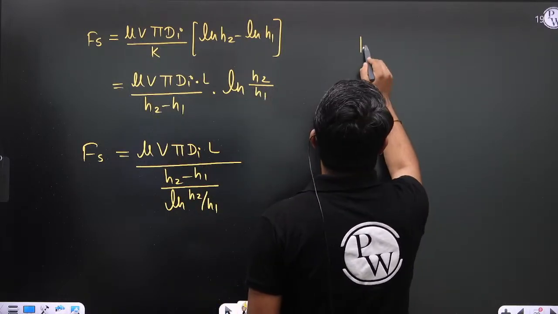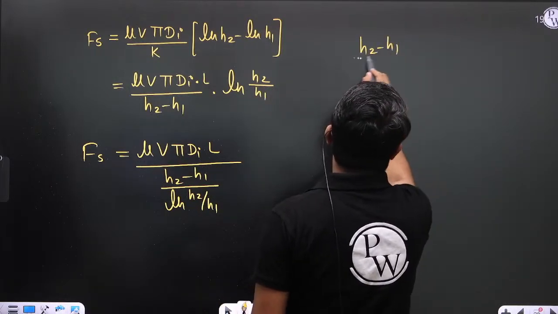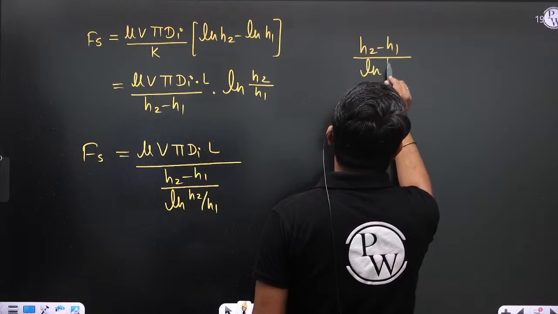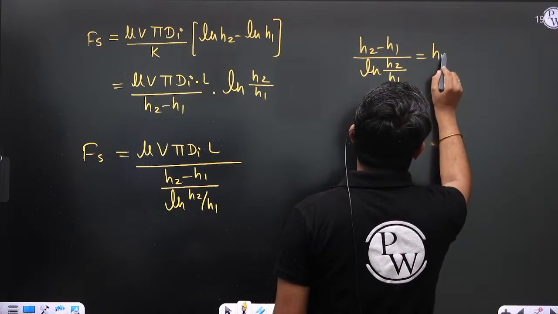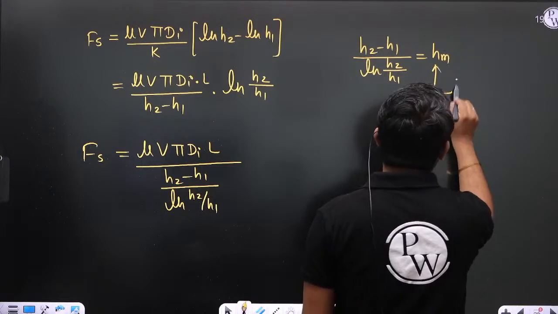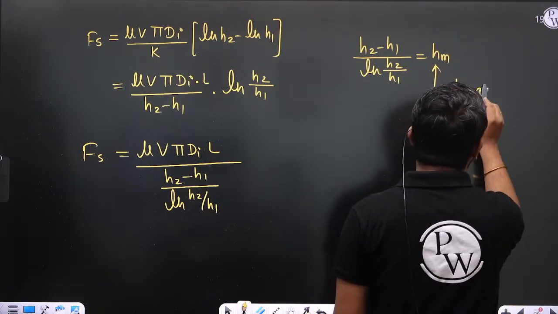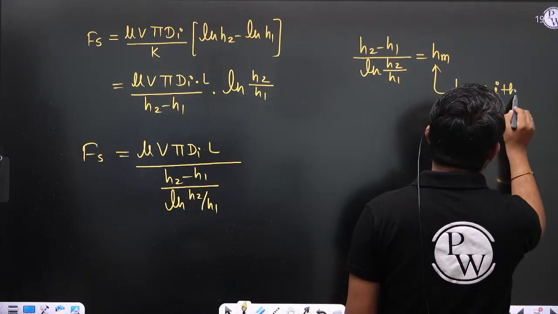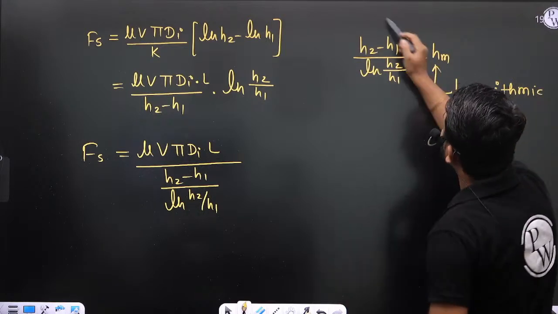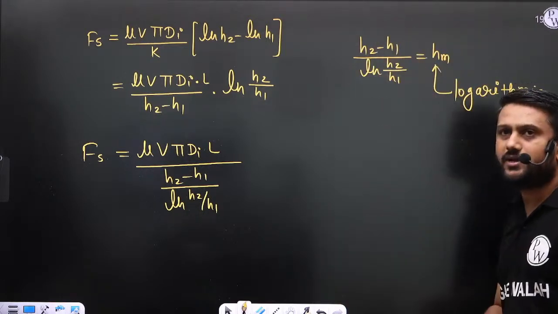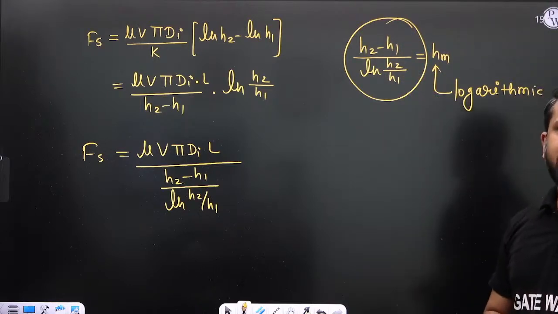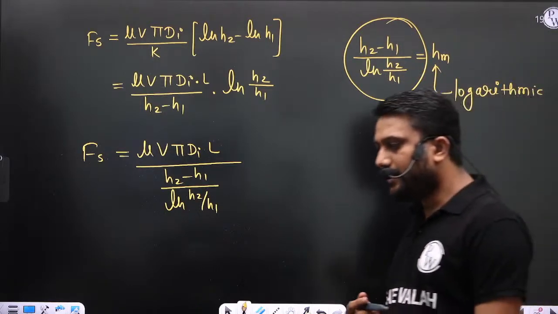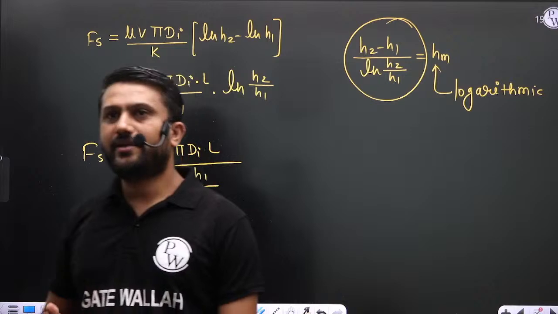And where this term, h2 minus h1 divided by ln h2 by h1, is equal to hm. And what is this hm? This is nothing but the logarithmic mean of h1 and h2. We know about the arithmetic mean, we know about the geometric mean, right?